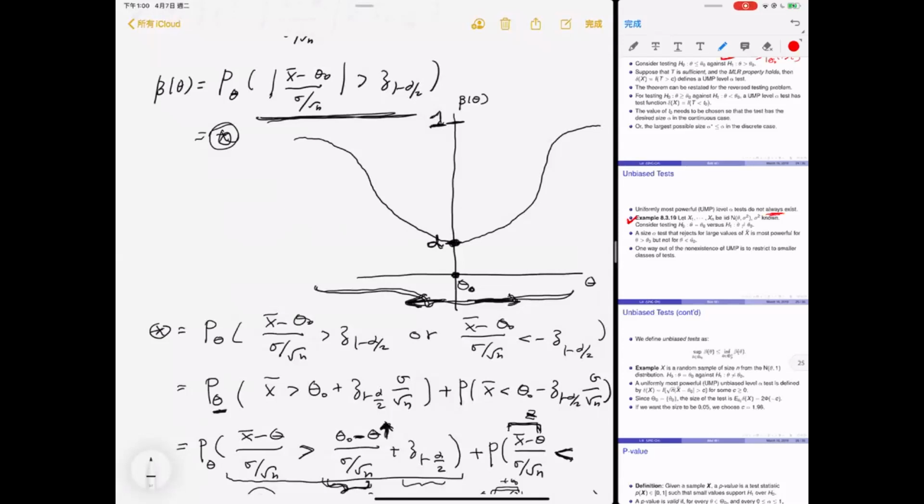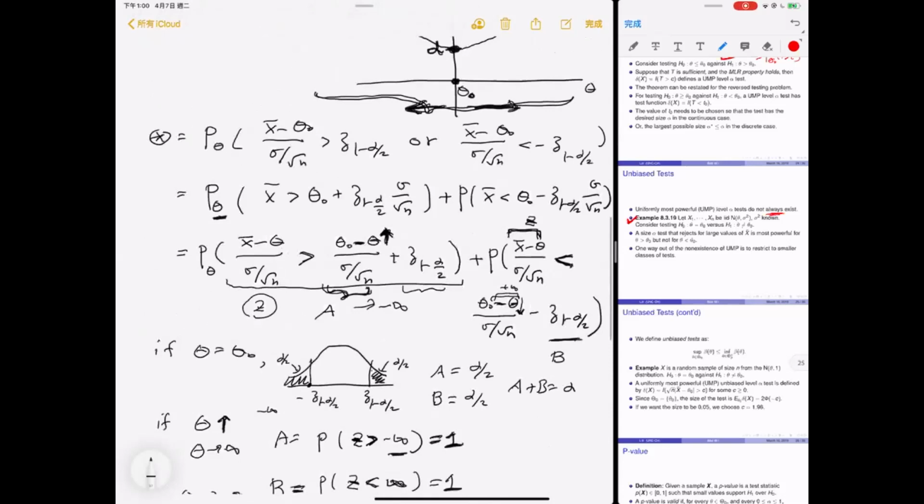Which also means that if I can find a single power curve at one point which is more powerful than mine, then I cannot call my test a UMP test. Making sense? Even if their power curve is a lousy one.